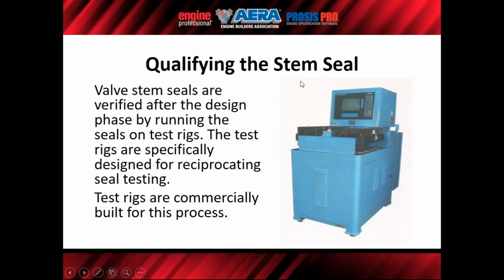So qualifying valve stem seals after the design phase happens by running on test rigs. The rigs are specifically designed for reciprocating seal testing. Crank seals and round rotational seals are definitely much easier for the general public to come up with your own test for, and a lot of people do spin testing and so forth, but valve stem seals is pretty tough.